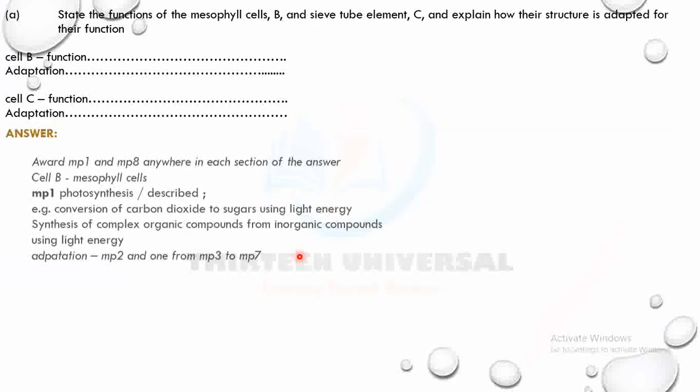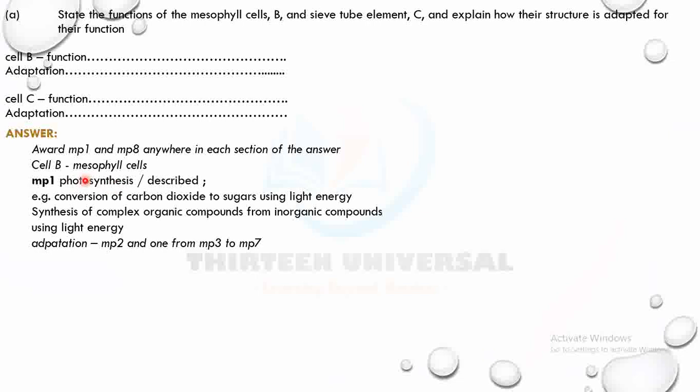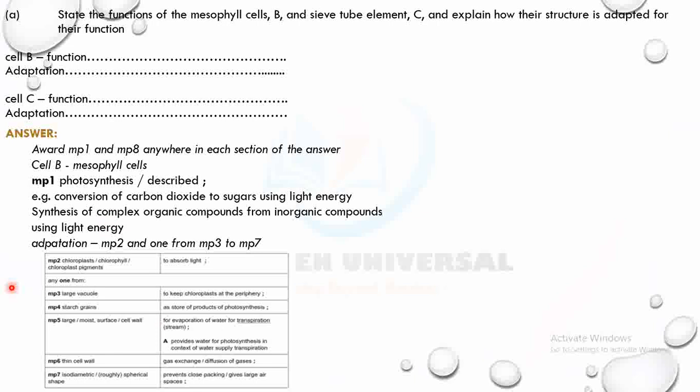For cell B, the function is photosynthesis: conversion of carbon dioxide to sugars using light energy, synthesis of carbohydrates, complex organic compounds from inorganic, using light. So what adaptations? Chloroplasts absorb light.